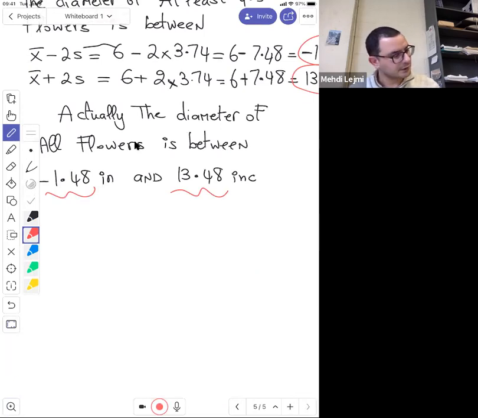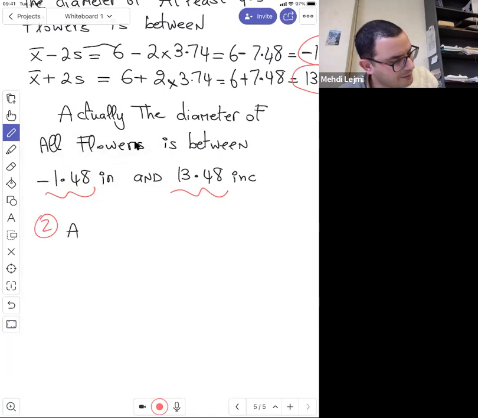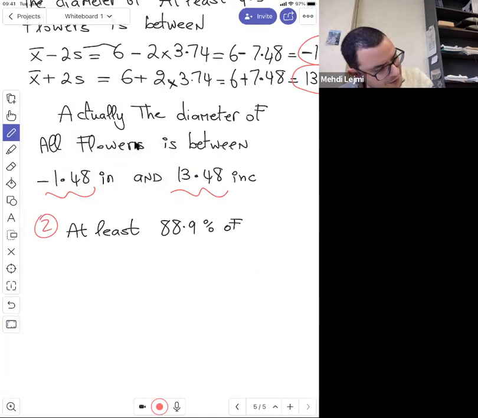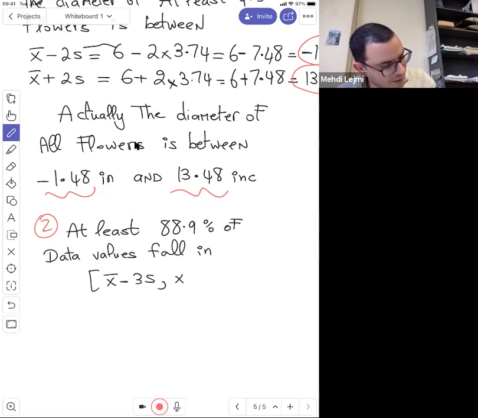So we can do better than 75%. So for example, consequence number 2, and then I will write down the theorem. The theorem says that if you want to do more than 75%, you can do 88.9% of your data values fall in the interval X bar minus 3s and X bar plus 3s.